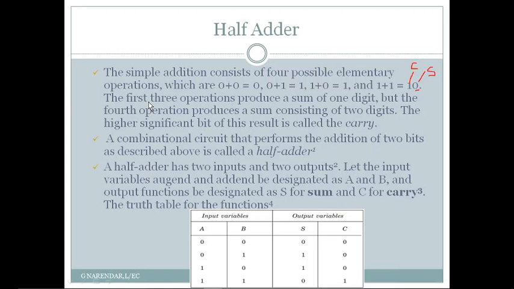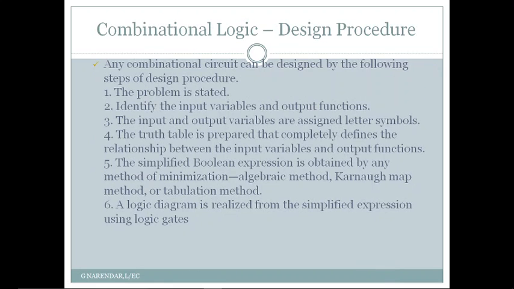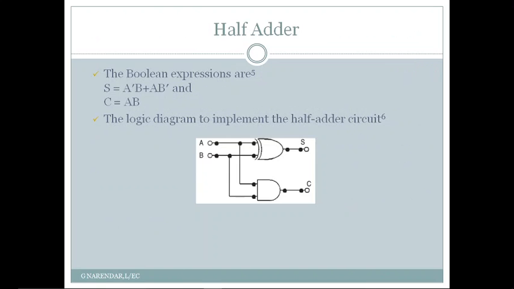And you can see that we have obtained the simplified Boolean expressions for both the output functions. And the final step is to realize the Boolean expressions by drawing a logic diagram using logic gates.